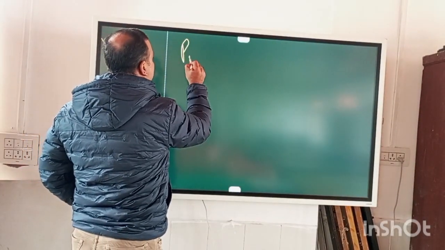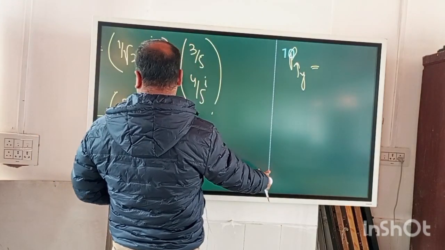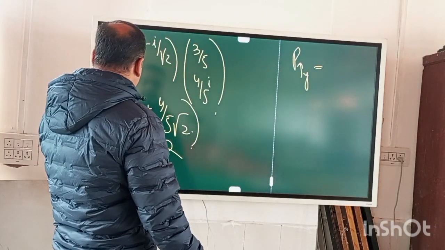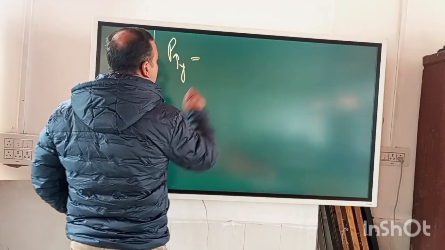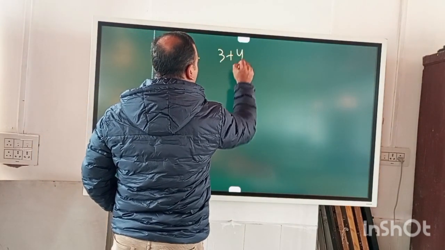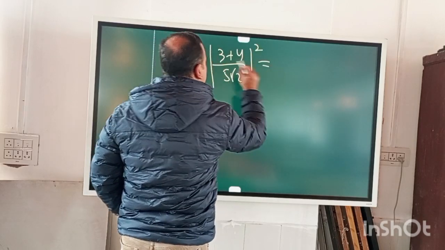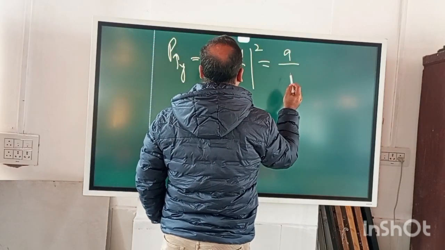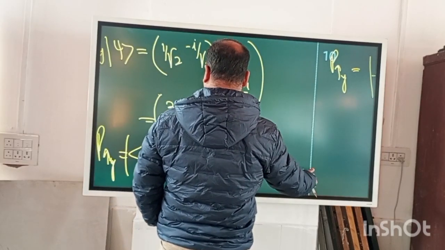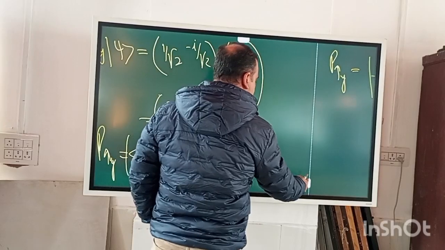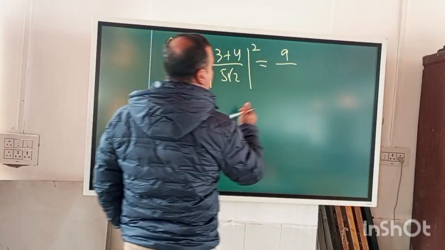That will be P spin up along y, so this is 5 root 2, and 3 plus 4. So this is 3 plus 4 divided by 5 root 2, whole square. So this is 9 by 5 root 2 whole square.